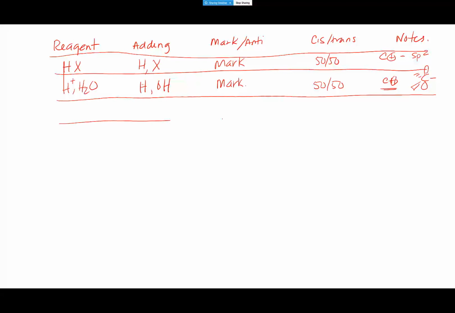Okay. Now, remember anything with an H2O can also have that H2O replaced with an HOR, with an alcohol. So instead of adding H and OH, we're going to add H and an OR. We're going to add the alcohol across the double bond.